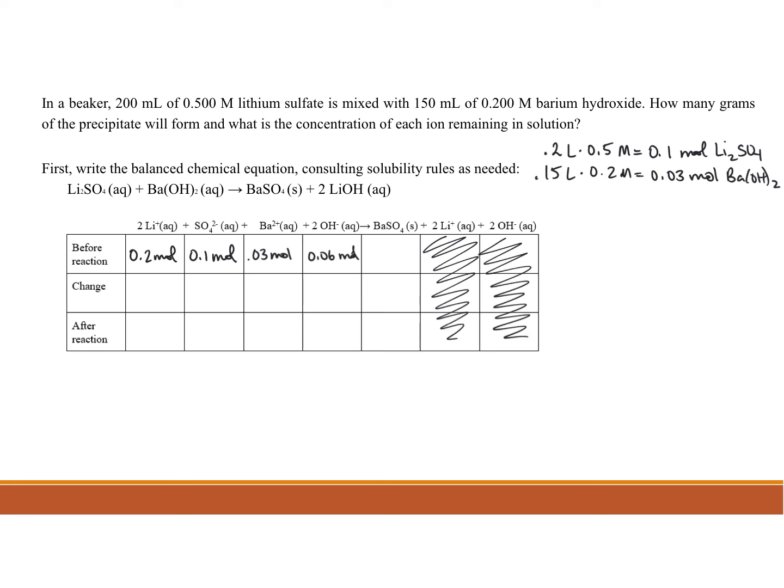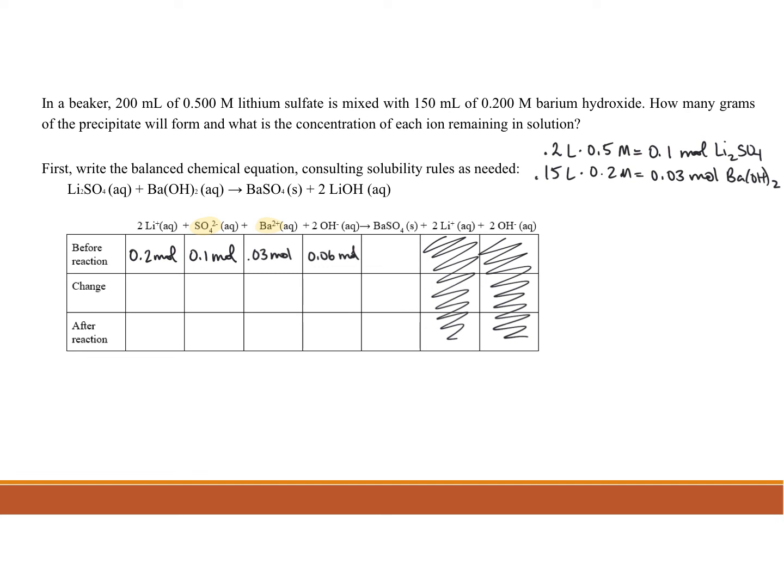So when you look at the limiting reactant, you really want to look at the ions that make up the precipitate. So the 2 ions being, I'm going to highlight these, barium ion and sulfate ion. The limiting reactant is going to come from one of those.